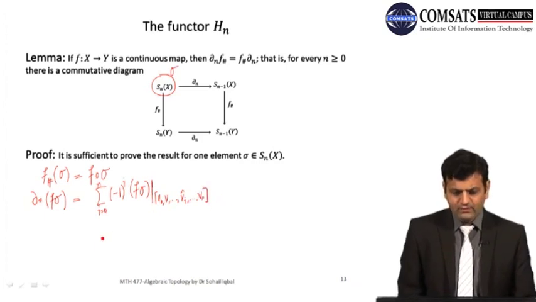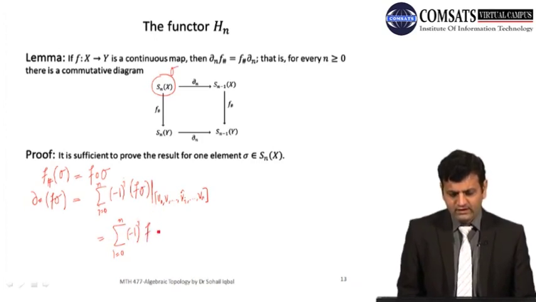So I can write it as the sum from i equals 0 to n of minus 1 raised to power i, f composition sigma restricted to v0, deleting vi, up to vn.